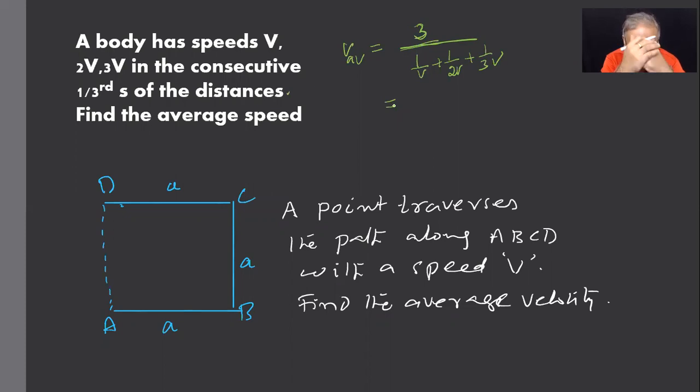Why did you take so long for that calculation? You should be able to do that in the mind. Sir, I'm getting it as 1.8. 18V by 11. Is it 18? Yes, sir.